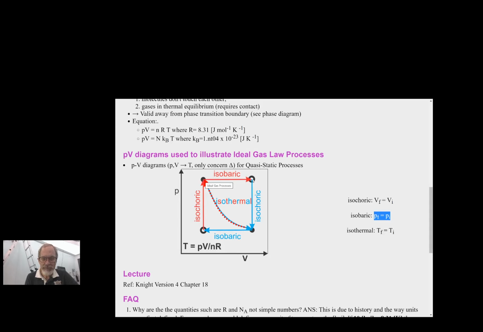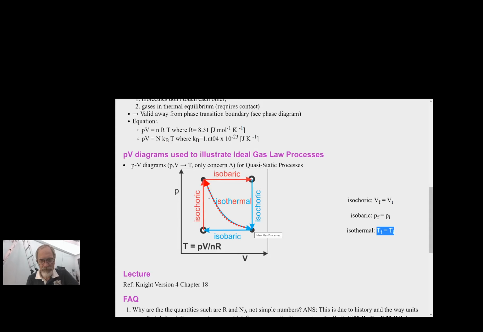Now, the final type of process is an isothermal process. In other words, the final temperature equals the initial temperature. There's no change in temperature through the whole system. So in order to draw this type, the isothermal process, you can see it's not a straight line.